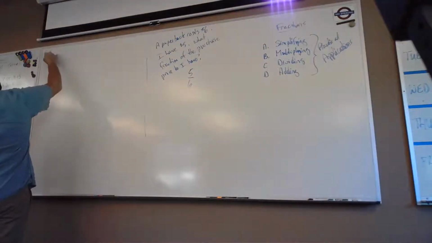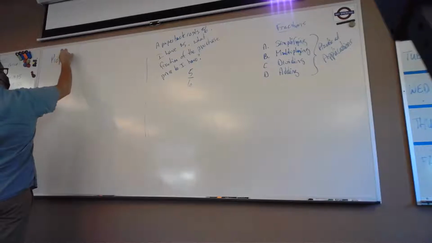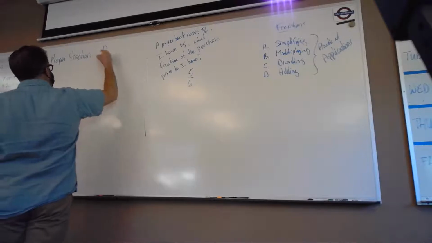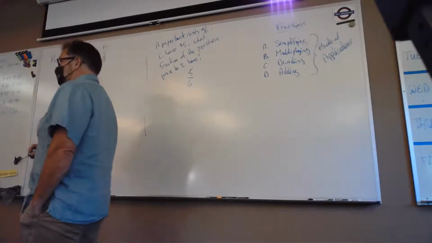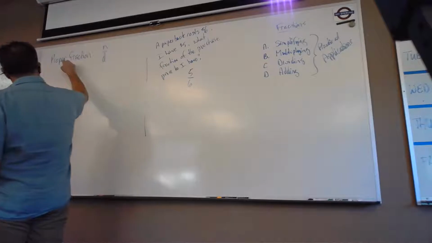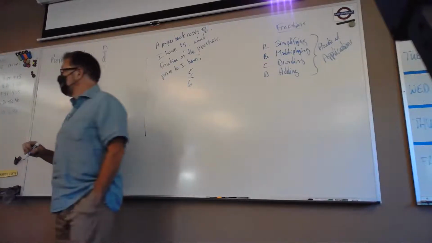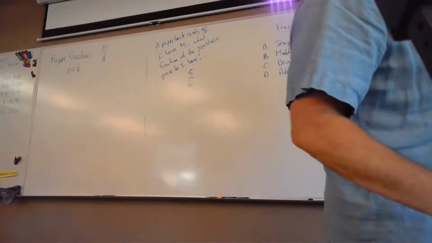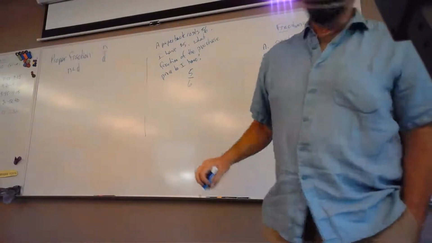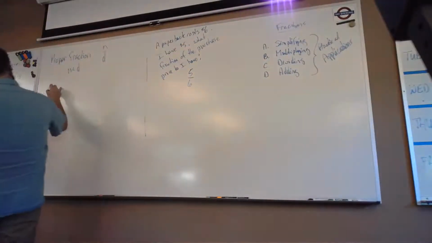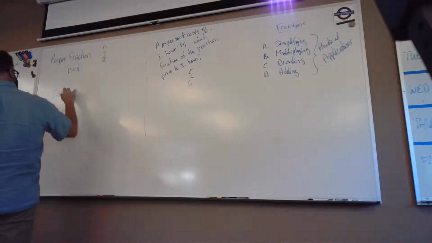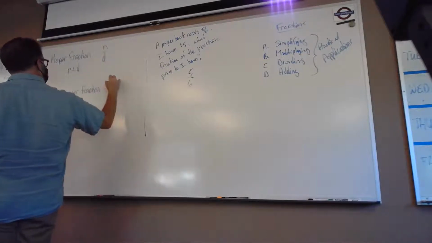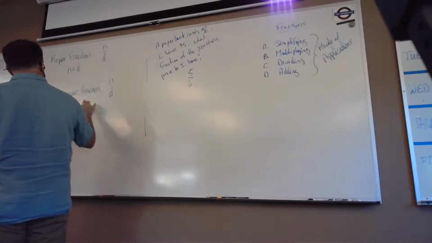Proper fraction: N over D. For a proper fraction, N is less than D. For an improper fraction, N over D, N is greater than D.